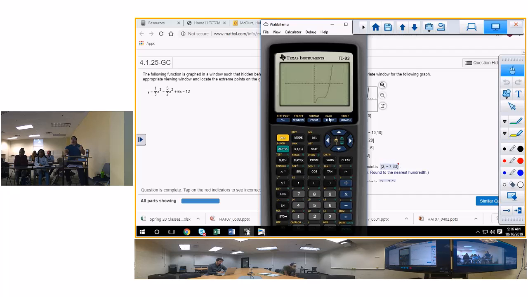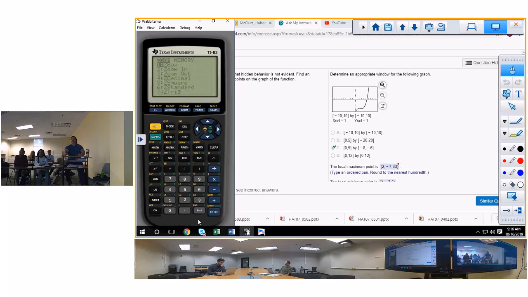Now, what should you always check for with odd exponents? You always need to check the saddle for hidden behavior. I'm going to go to Zoom, and I'm going to go to box. I use box. If you want to use box, that's good. That's fine. I'll show you what to do here in just a second.